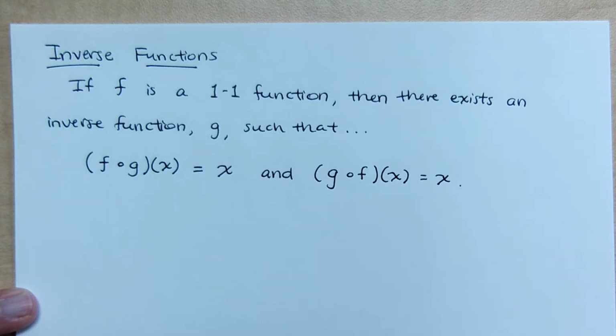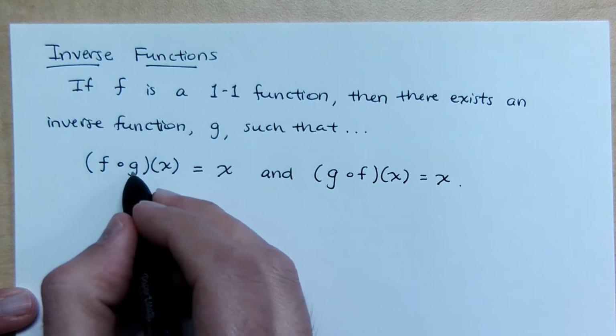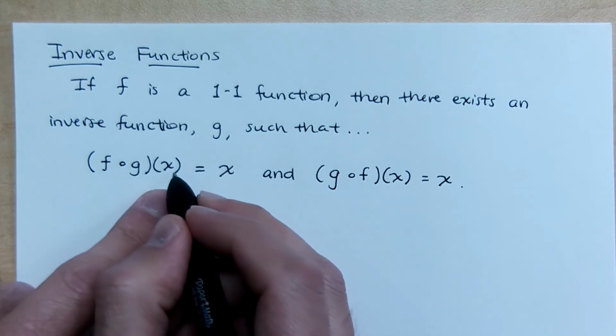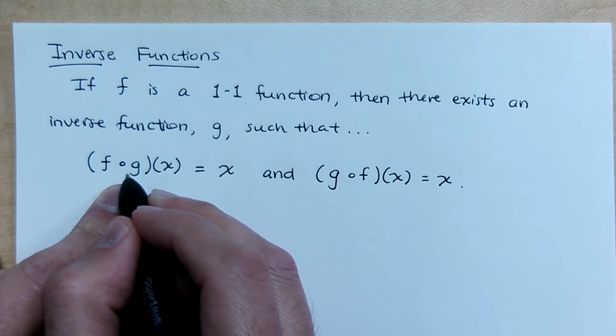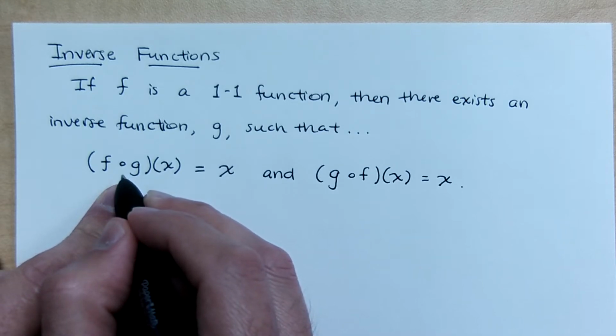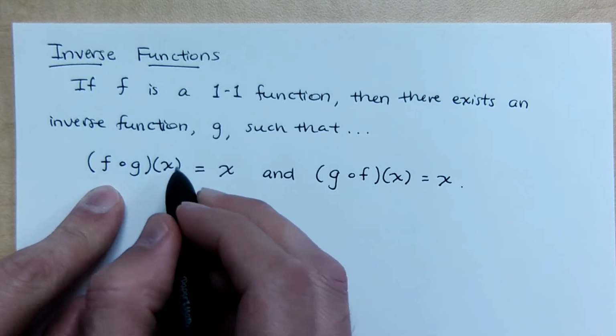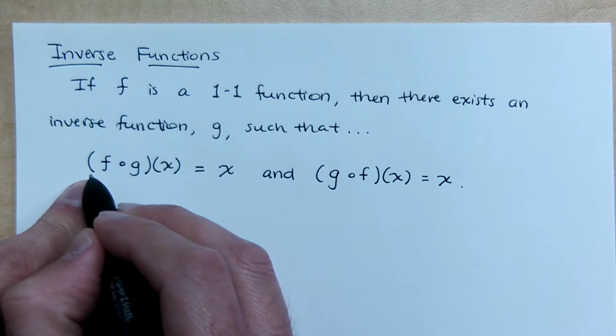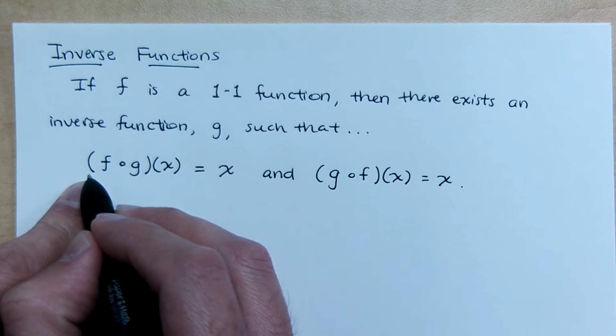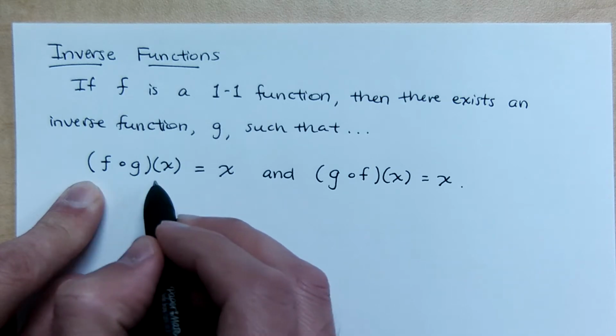As we know from previous experiences with functions, if you plug x into g, g is going to do something that potentially changes what that input is into something new. If you then take that new value and plug it into f, f says, okay, I see what you've done, now I'm going to go backwards and give you the original. I'm going to be able to tell you exactly what you plugged in at the beginning.